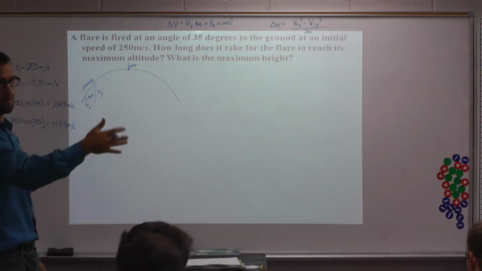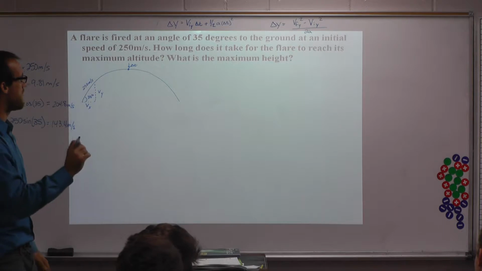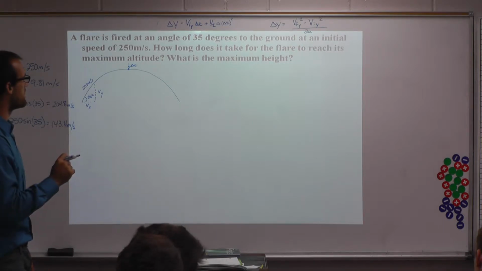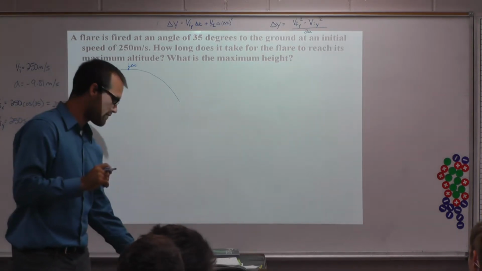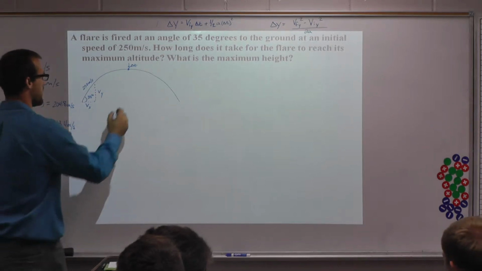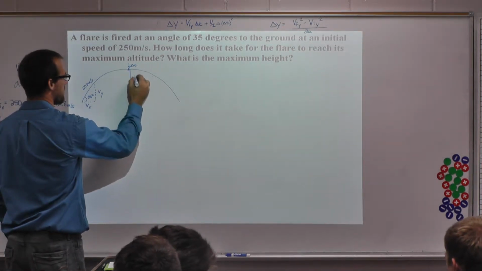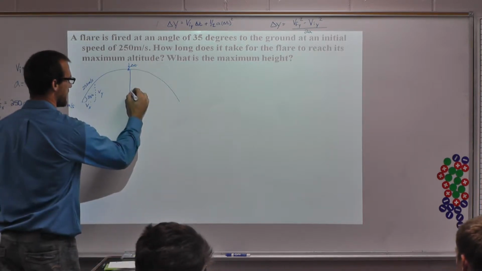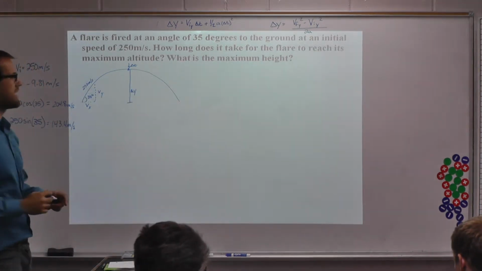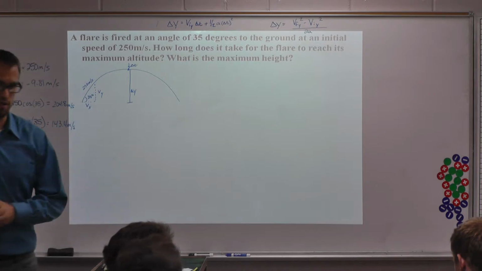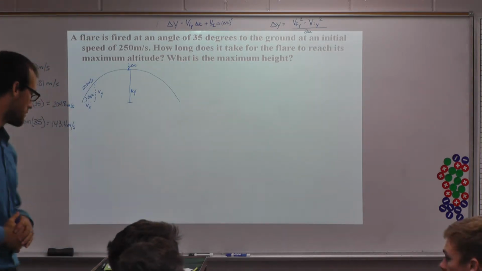It's going to be a parabola because it's in free fall. Now, the second thing we need is what? Maximum height. So we want the change in y here. So we want the time it takes to get to the maximum height and what the maximum height is.